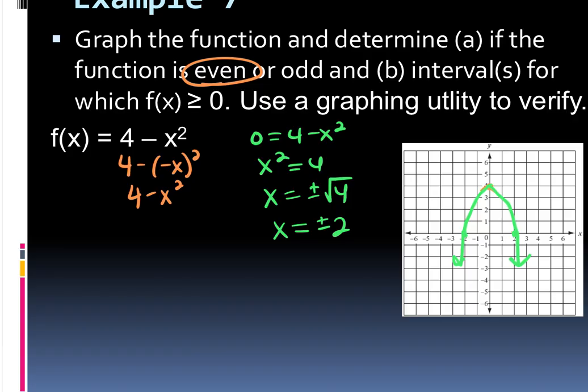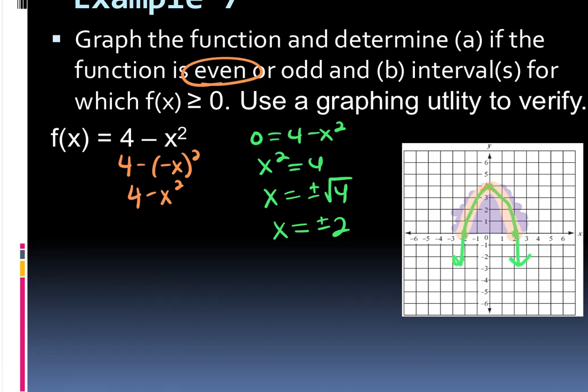Now the question says, what's the interval for which f of x is greater than or equal to 0? So I'm looking for everywhere where it hits the x-axis or goes above the x-axis. On the interval of this graph, that means it's literally from this dot all the way to this dot. So how do I describe any kind of interval like that?